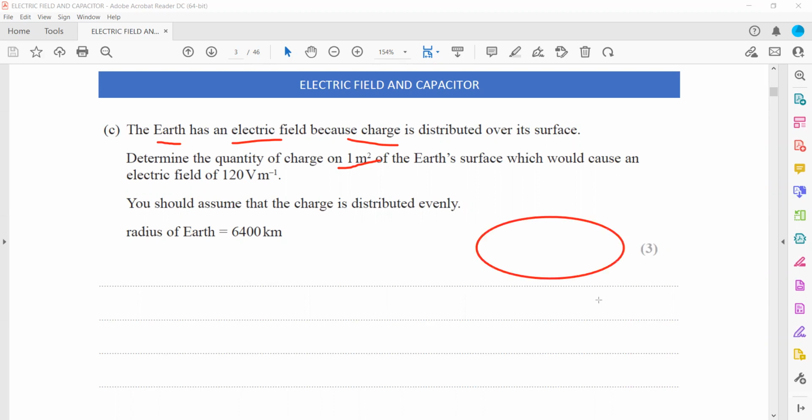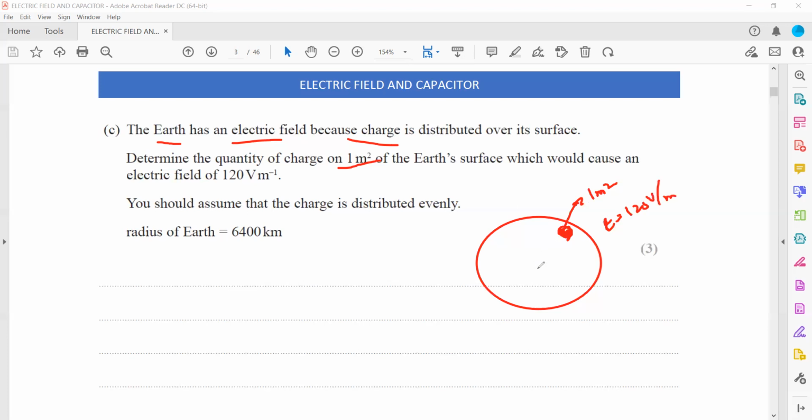So this is the earth. The strength of the electric field at this area of 1 square meter on the surface is about 120 volts per meter.